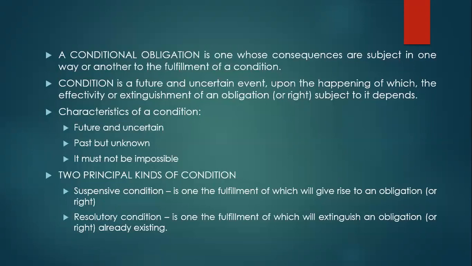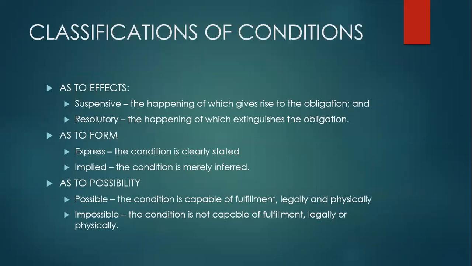Before we discuss the examples for suspensive condition and resolutory condition, let us classify first the kinds of conditions. As to effects, we have suspensive, the happening of which gives rise to the obligation, and the second one is resolutory, the happening of which extinguishes the obligation.